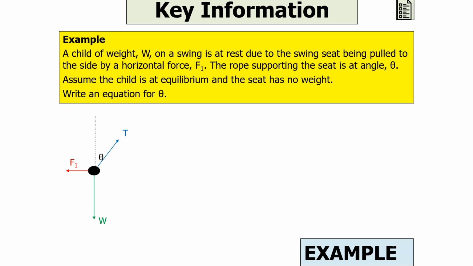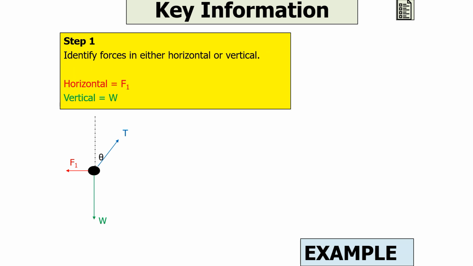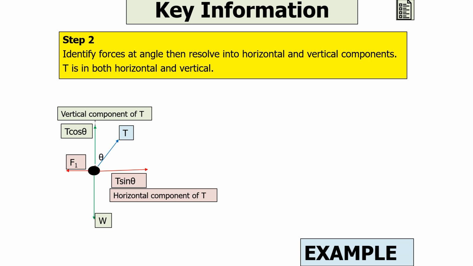So the first step is to identify the forces in either the horizontal or the vertical. So F1 is in the horizontal and W is in the vertical. The next step is to identify the forces at an angle and then resolve them into horizontal and vertical components. So T is at an angle, so it must have a vertical and a horizontal component.